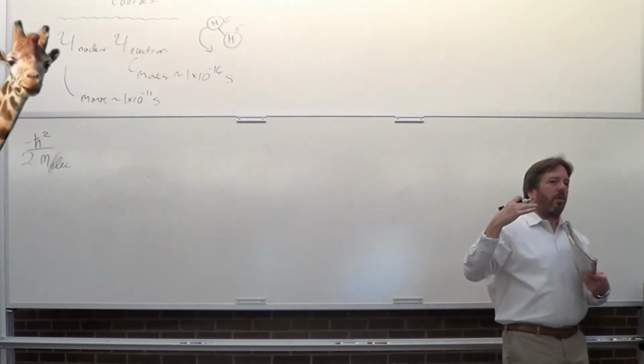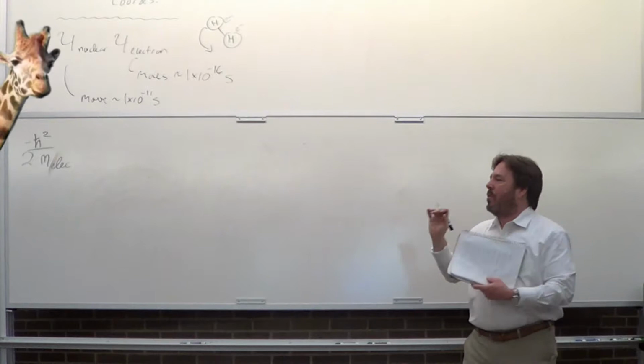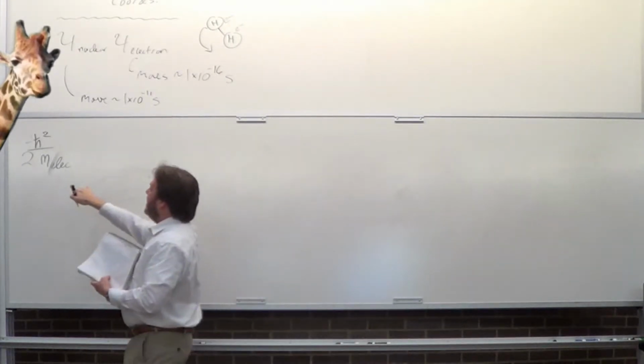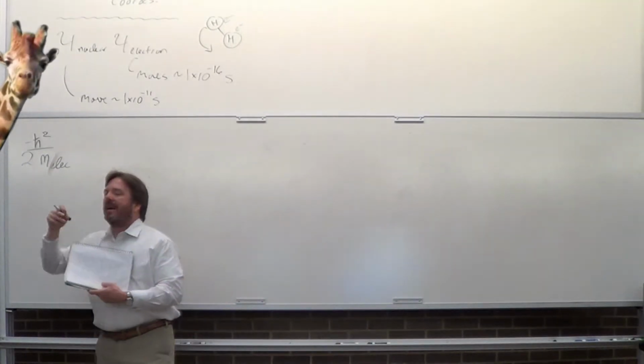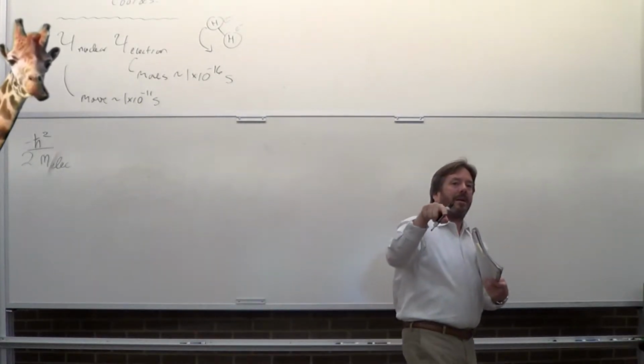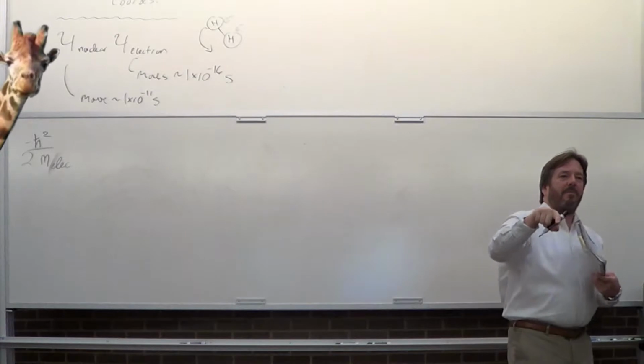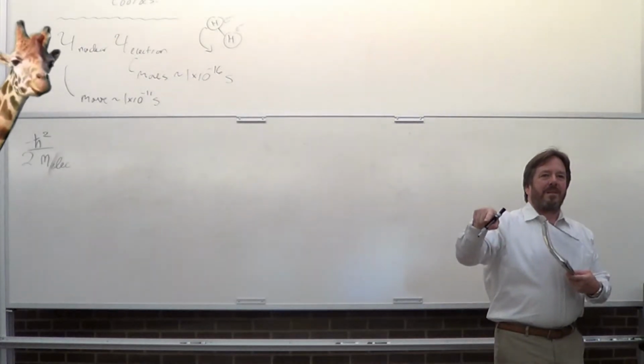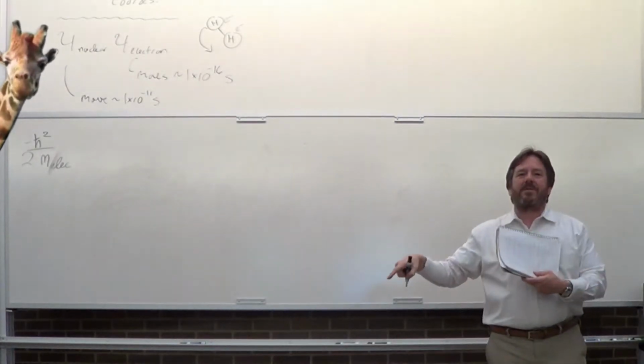But based on what I just told you, the way you do this properly, when you solve this thing, you actually use a slightly bigger number for the mass of the electron. You remember why? The thing I just said 5 minutes ago? Because you have to use center of mass coordinates, right?